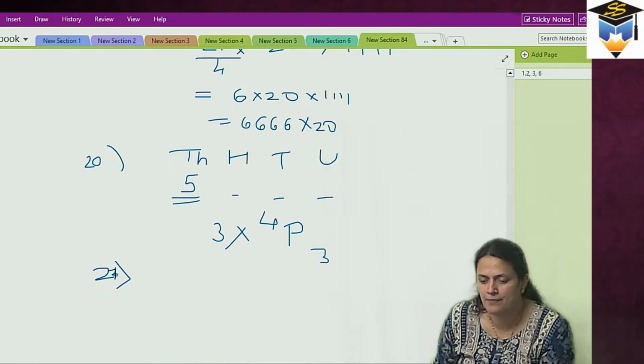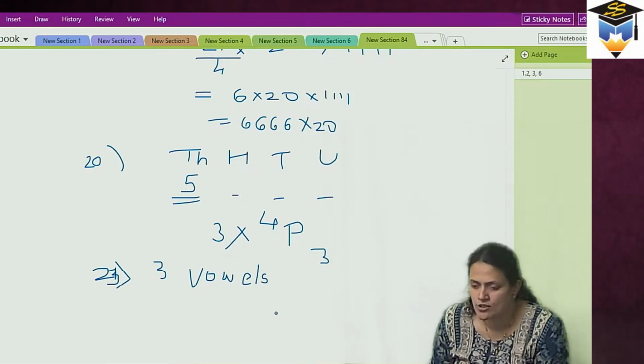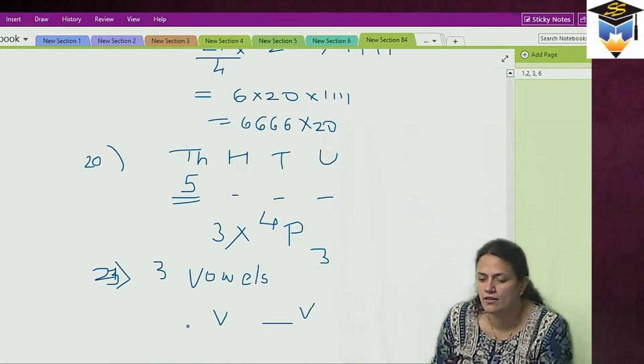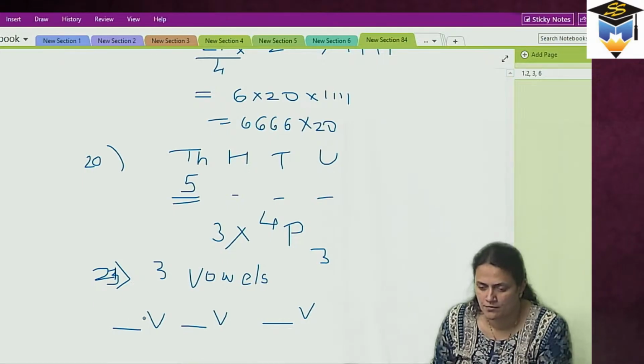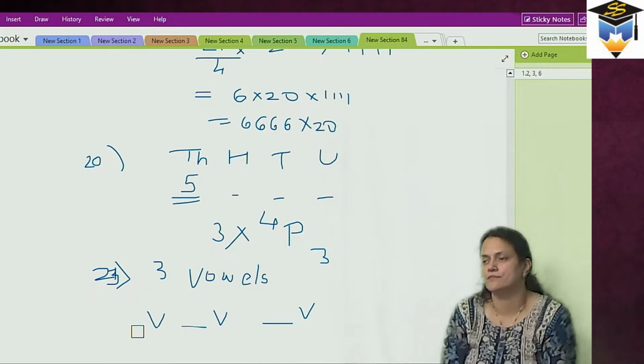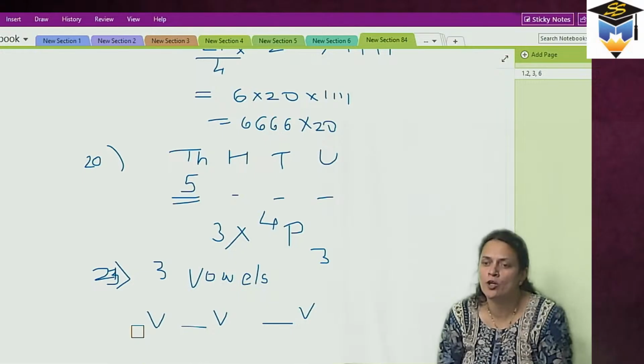So let us do example number 23. See, there are 3 vowels. And vowels always occupy the odd places. So starting with, let's say, this place. So this is a vowel. Again a vowel. ठीक है. So basically in this way you can arrange them. बघा, because vowels occupy the odd places, two vowels occupy the odd places here.